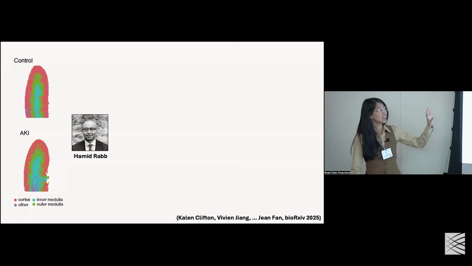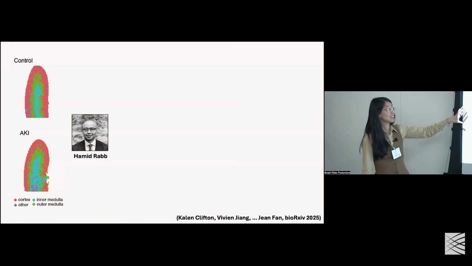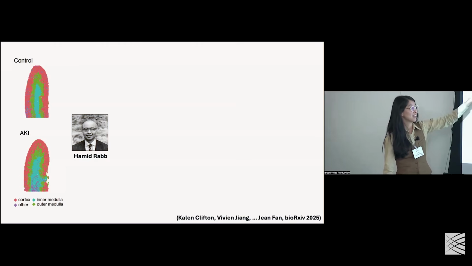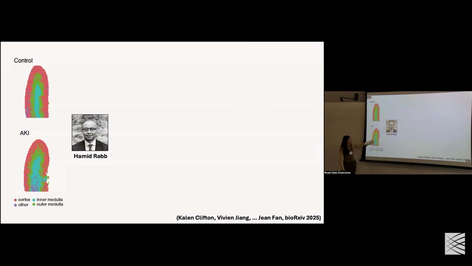And again, as I mentioned, we sacrifice the mice within 24 hours. This really isn't enough time for the tissue to completely reorganize or anything. So structurally, the tissue is still quite consistent. We still have the cortex, the medulla, the interstitial interface.